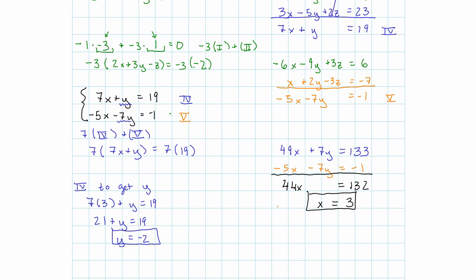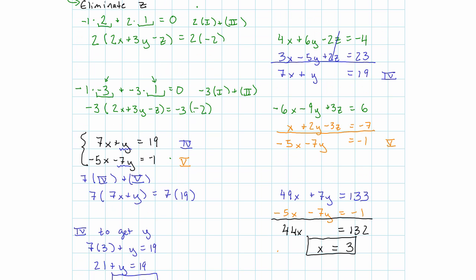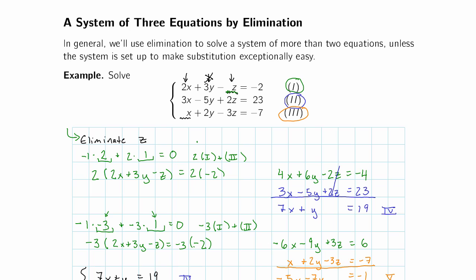Now we want to go back to one of our very original equations to get the value of z. I can choose any of them that I want, but it looks like 1 is going to make this easiest.